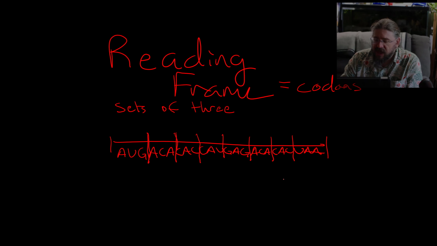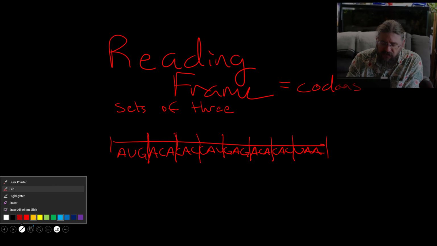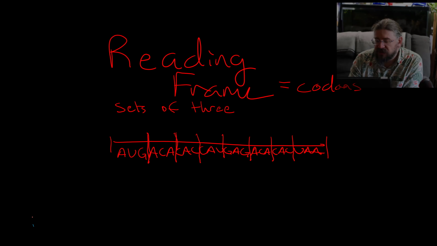What does that look like? Well, let's just do one of these. All it needs to do to alter the reading frame is basically delete one or two nucleotides, nucleotides that are not in a multiple of 3. So let's do a deletion because it's easy. And we'll delete these 2.